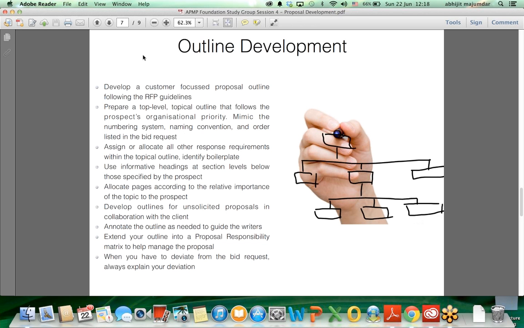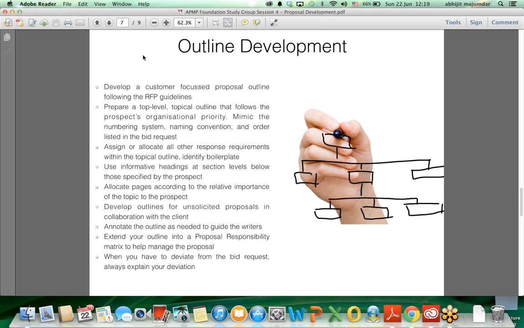You should allocate all your proposal requirements within the topical outline, and this is also an opportunity where you can identify which topics can be replaced by the boilerplate information which you have. If the customer is asking for company information, and within it they're asking for standard information like your financial performance, your geographic spread, your resource capabilities, these are sections which can go into a topic like company background.